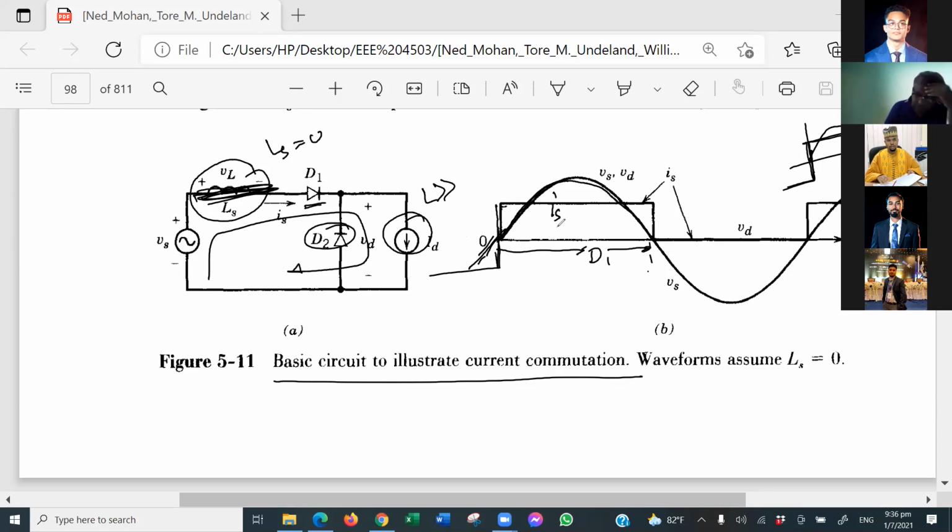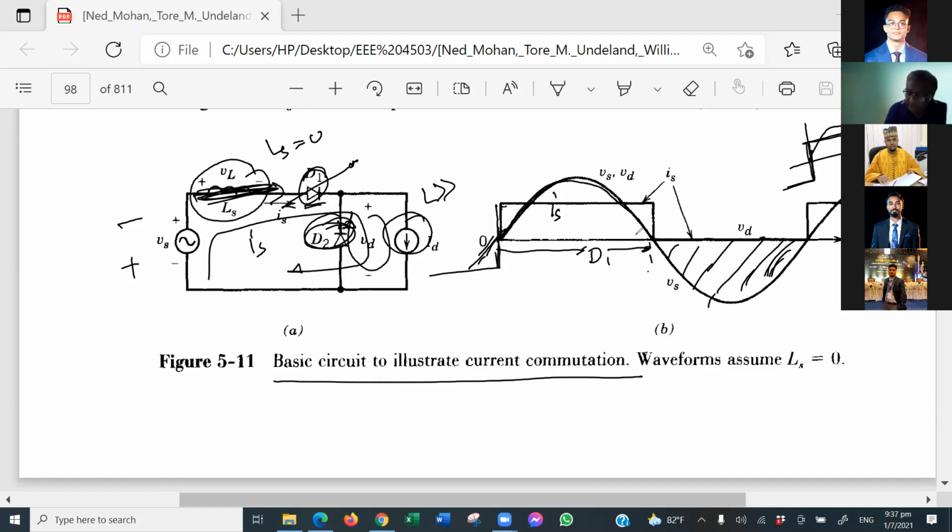For the negative half cycle, from the negative point, if you change the direction, this diode stops conducting and the free wheeling diode starts conducting. When the free wheeling diode conducts, what will be your current IS? IS will be 0.